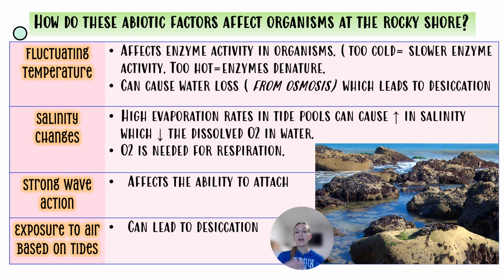So when enzymes are working really well, typically those organisms are in their optimum temperature. For humans, it's 98.6. I'm always floating at like a 97.5. Anyway, too cold, enzymes are going to work really slowly. Metabolism is going to be very slow. Too hot, enzymes are going to denature. And when enzymes denature, that means that they're changing their shape.